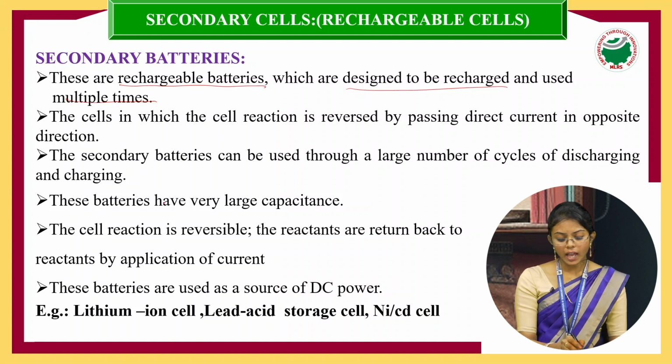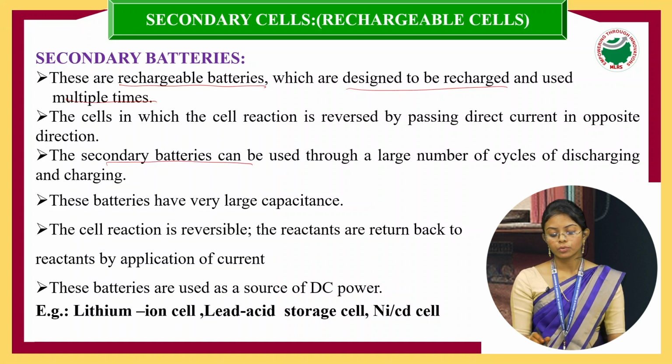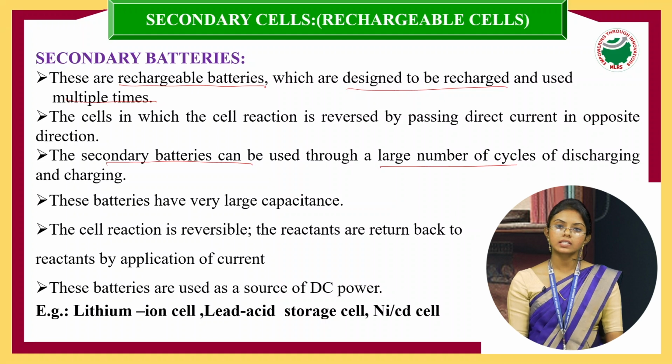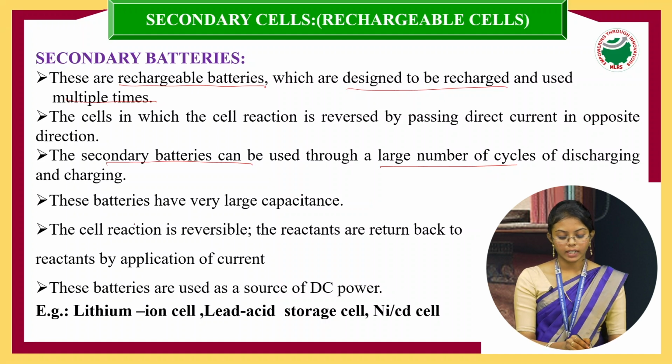Secondary batteries can be used through a large number of cycles of discharging and charging. When we go deep into this topic, we are going to understand what we mean by charging and discharging. These batteries have a large capacitance.